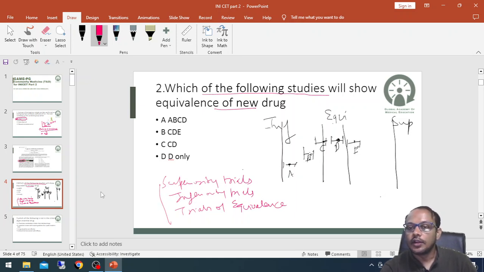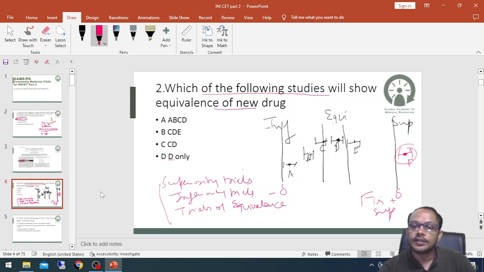In the superiority trial, for example, this is the limit of superiority, it is also known as plus delta, and its limit of inferiority is called minus delta. So, if the study results lie here, for example, the new drug F lies above, beyond the line of superiority, you can say that drug F is superior to the older drug, okay.